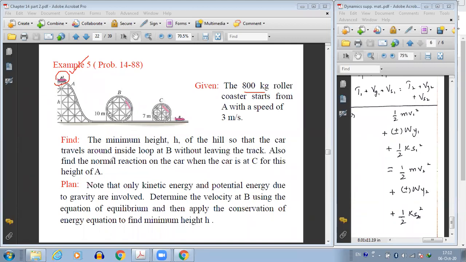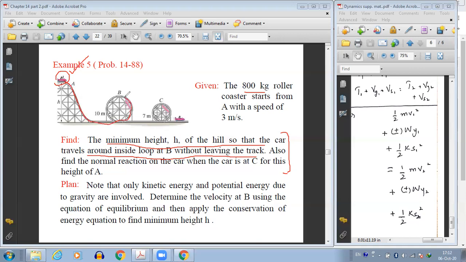Again, within the statement, there is a code here. It's coded. The code is: find the minimum height of the hill so that the car travels around inside loop at B without leaving the track. When it leaves the track, look, the car is always in contact with the track, and the roller coaster moves like this, then takes a loop.